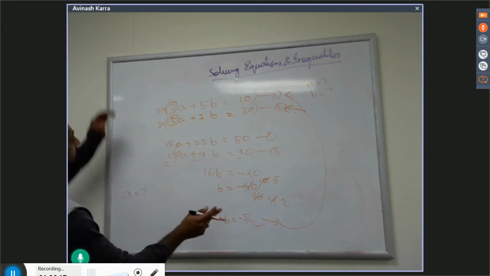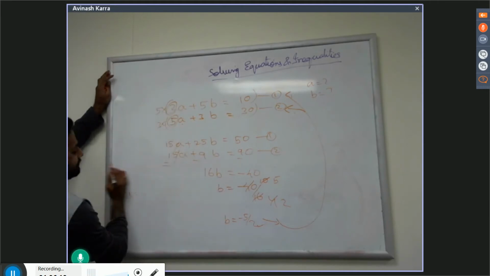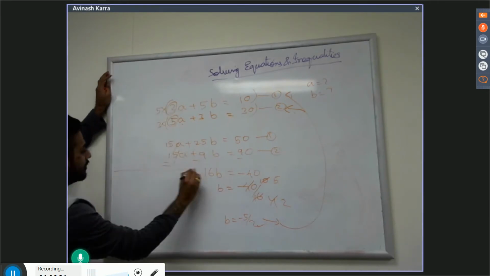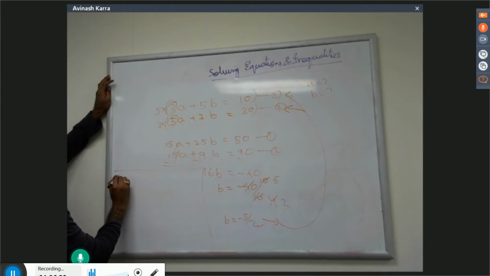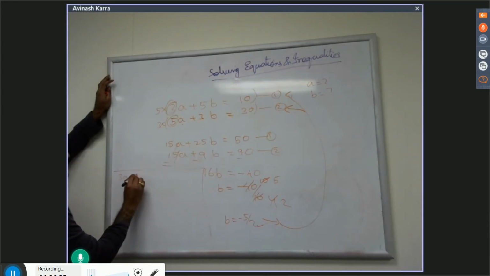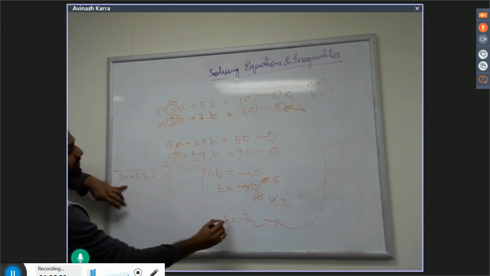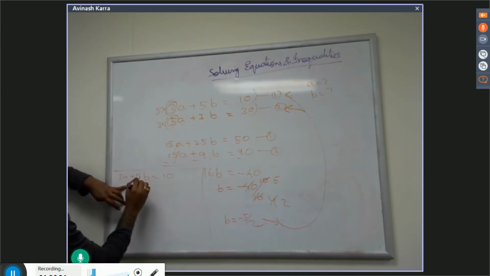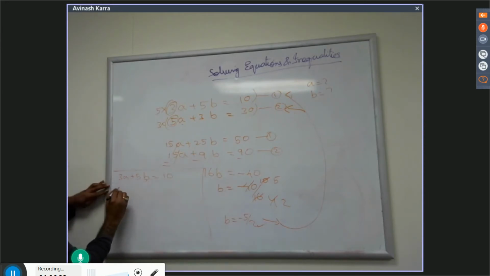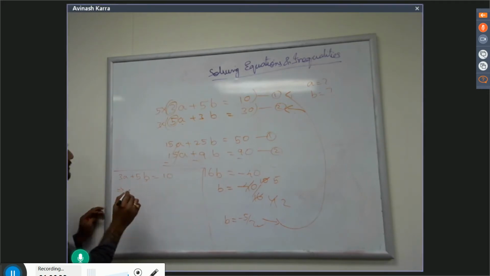Let me do it for you. Okay, what is the equation? 3a plus 5b is equal to 10, right? Let me substitute b equal to minus 5 by 2. You can see here? Yes.